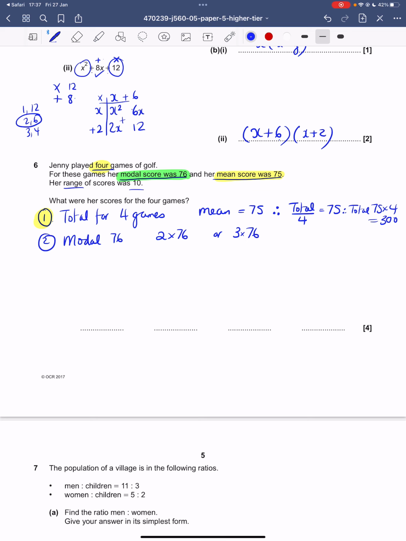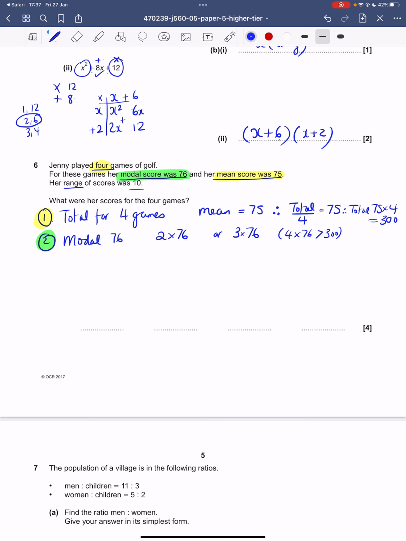We can't have 4 76s because that would be more than 300. We can't have 1 76 because it's got to be the mode. So 4 times 76 is greater than 300, so we don't want that one.